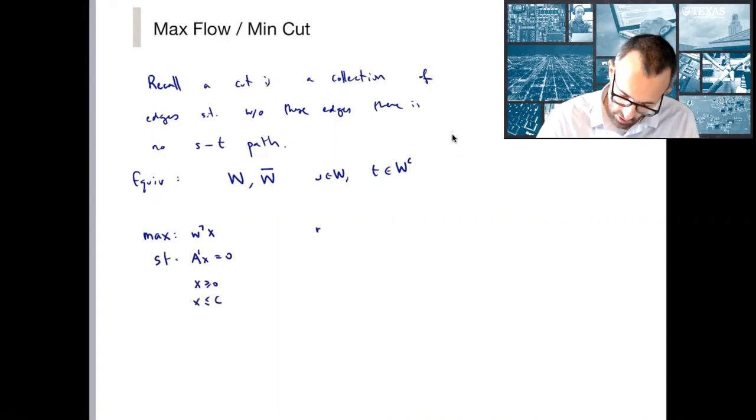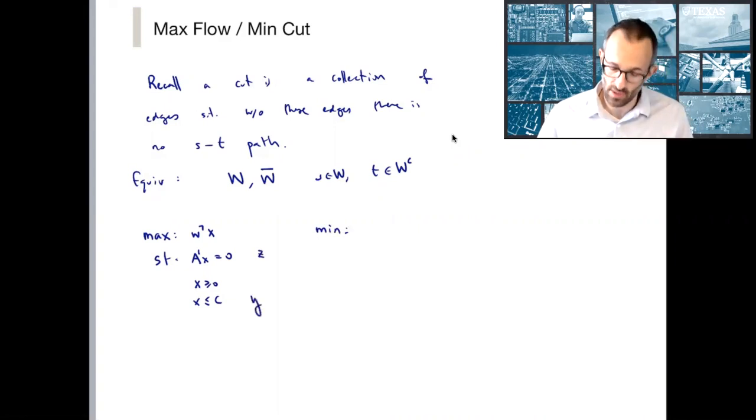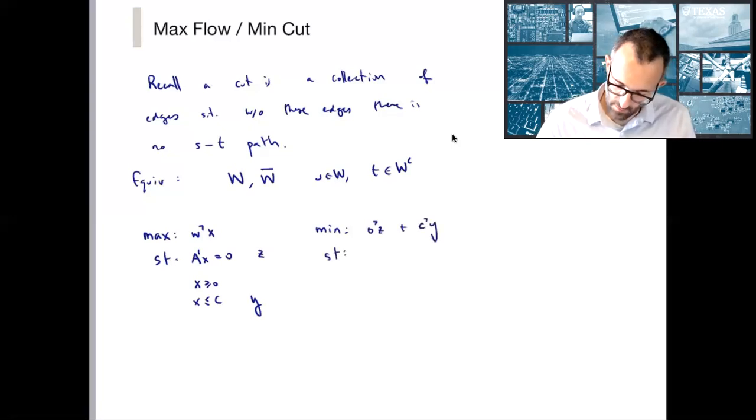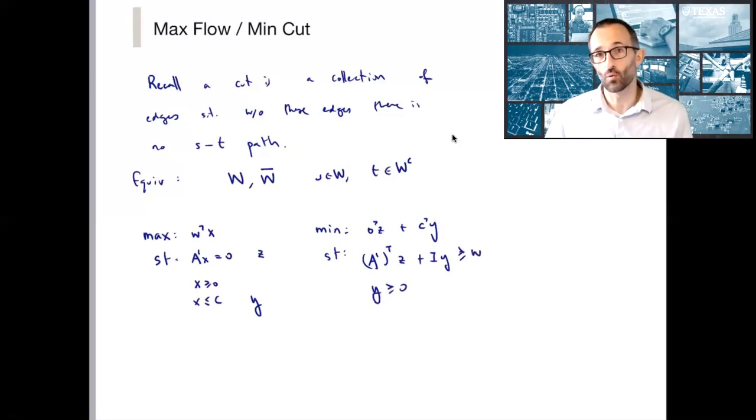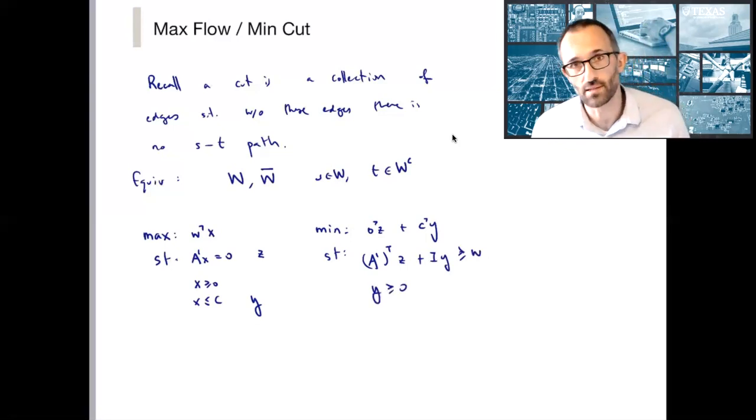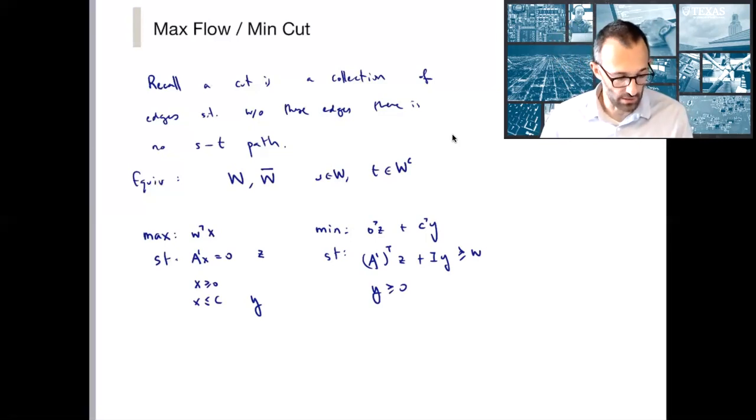And so the dual of this problem is to minimize, I have dual variables that come from these constraints and dual variables that come from my capacity constraints. So I minimize 0 transpose z plus c transpose y subject to A' transpose z plus identity y is greater than or equal to w, and y has to be non-negative. There's no restriction on z because the constraints to which z corresponds are equality constraints.